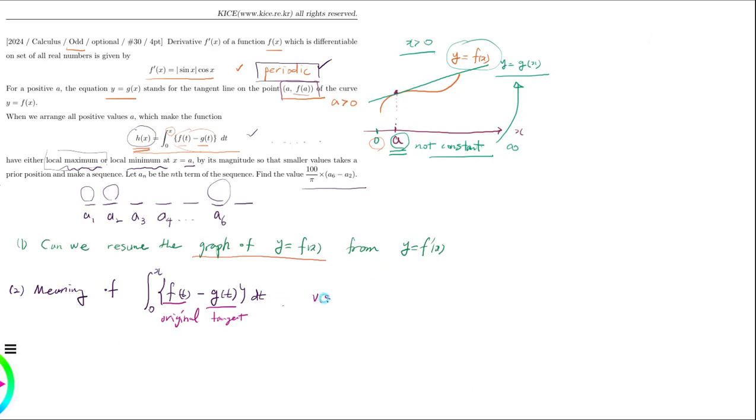A relationship with local maximum and local minimum. How it is related to each other. So those are the 2 points of this problem, and luckily, probably, they will give us some rule to figure out the local minimum or local maximum value of the function h(x), and then we can find the value here.